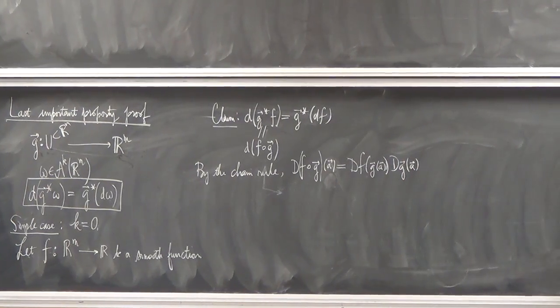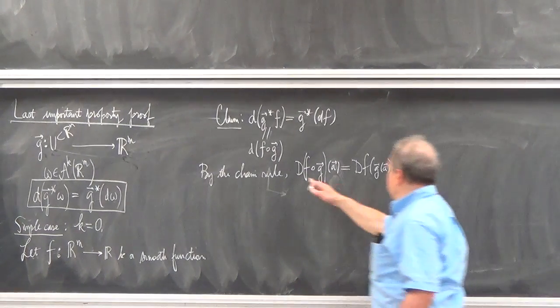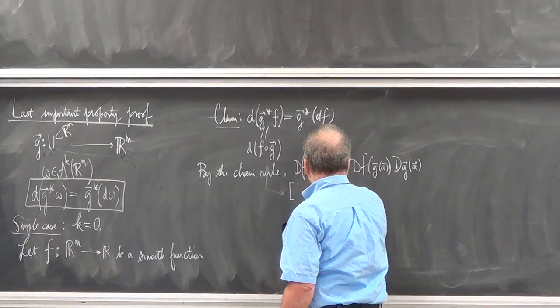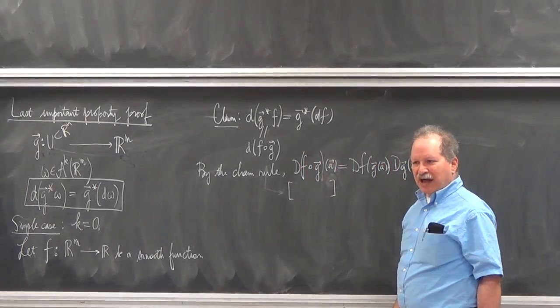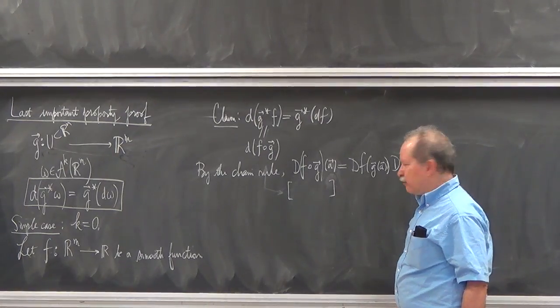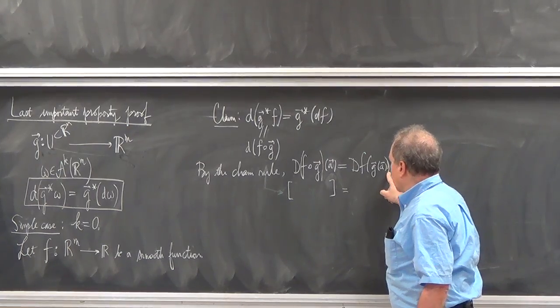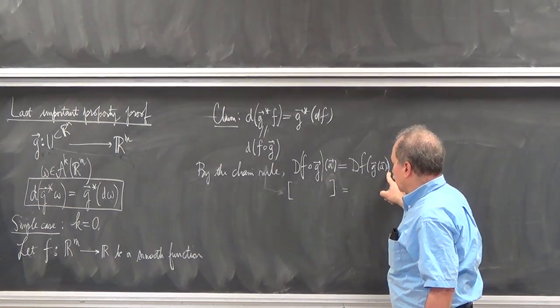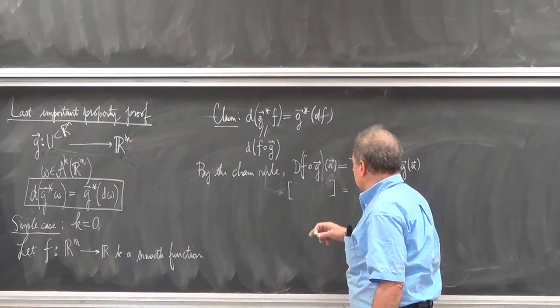So how do I translate that into form notation? So this is a matrix, right? It's 1 by m. No, I lied. It's 1 by n. No, I totally lied.